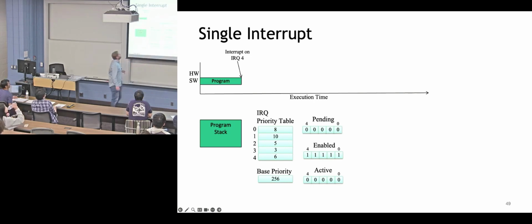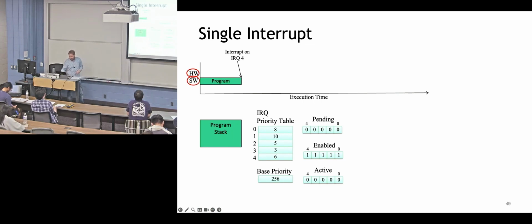Okay. We're running in our program, and then interrupt IRQ4 is fired off. We're also indicating here that there are software actions and hardware actions. All right, so the interrupt has occurred. If we go back to some of those early examples, the interrupt has occurred, so the pending bit gets set.